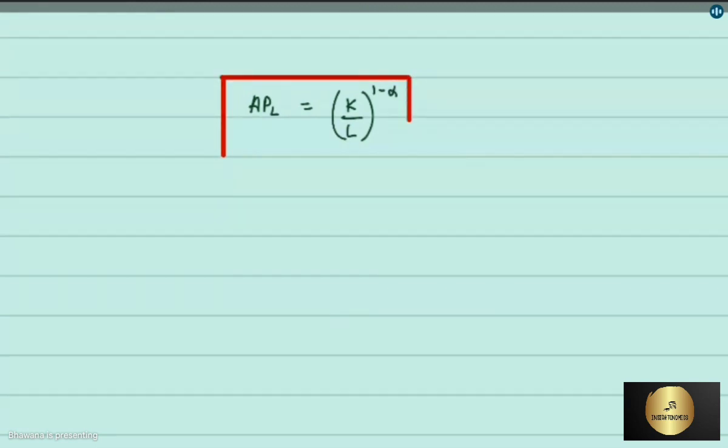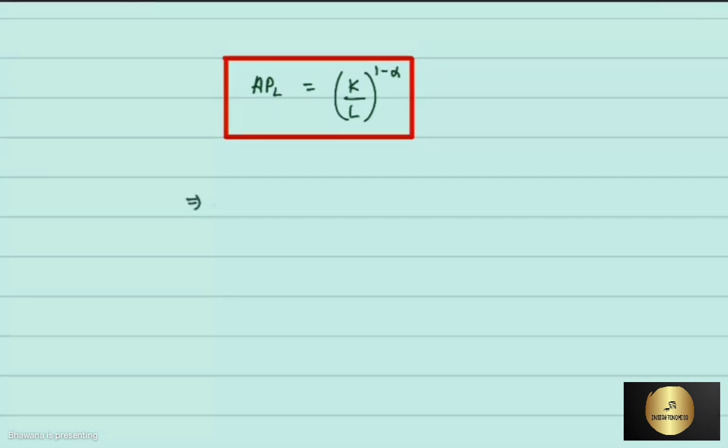So in case of Cobb-Douglas production function of degree 1, average product of labor will depend on the capital labor ratio. APL, or average productivity of labor, depends on the capital labor ratio.